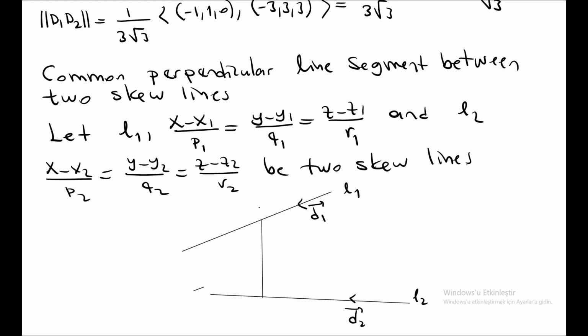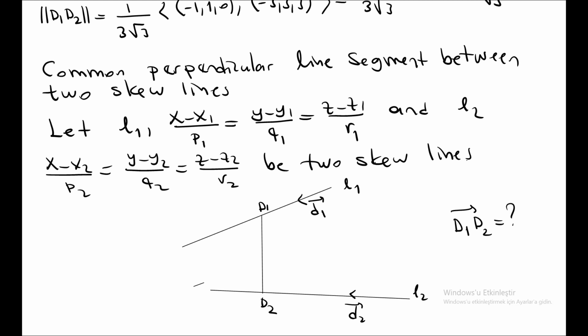So now we are trying to find this D1, D2 line segment. We will search this case. So of course we need to find the D1 and D2. Then use the formula, the line passing through a point and having a direction vector.